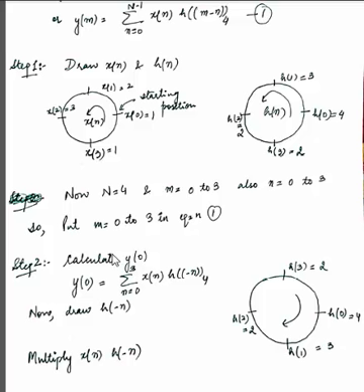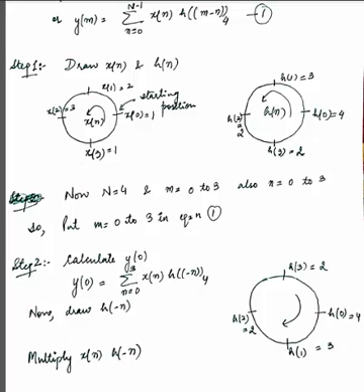To calculate y of m, first we put m equal to 0 in equation number 1. By putting m equal to 0, it becomes y of 0 is equal to summation n from 0 to 3 of x of n h of (0 minus n), that is h of (minus n), with modulo 4. Now we have to draw h of minus n using h of n.